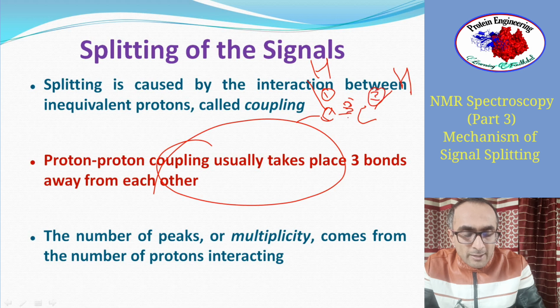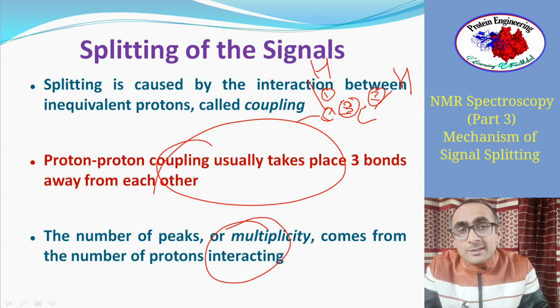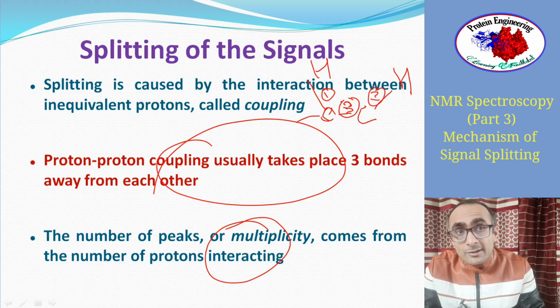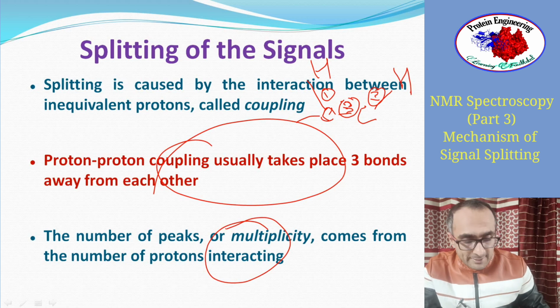So in order to have splitting, the distance between two protons should be equivalent to three sigma bonds. The number of peaks, or multiplicity, comes from the number of protons interacting. So from the multiplicity of a peak, the number of protons which are splitting each other, which are three sigma bonds away from each other, can be calculated.